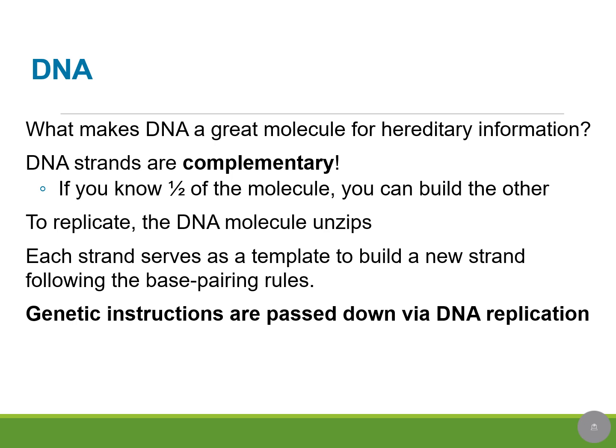Then, because it can unzip, each of these strands can be used to make a copy. That's very beneficial, because it means the DNA is very quick to create a copy of itself. This is part of the reason why the cell process of mitosis can happen so quick, because DNA can copy itself so quickly.